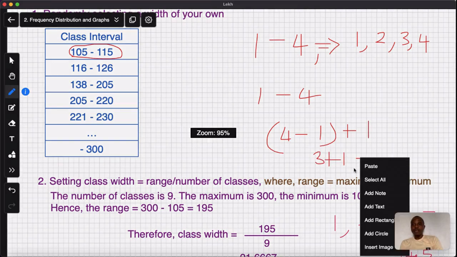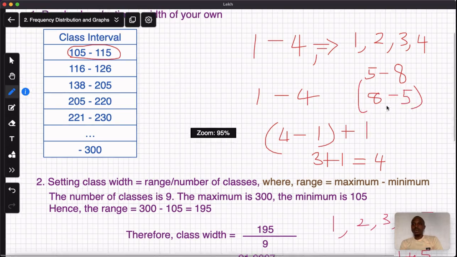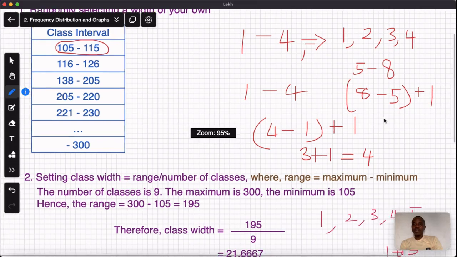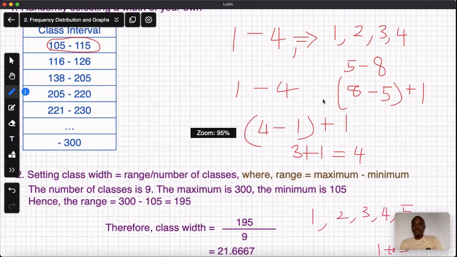If the numbers we're talking about were from, say, 5 to 8, then you'd have 8 minus 5, so upper class limit minus lower class limit plus 1. Permit me to change the marker color here so you can follow. 8 minus 5 would have been 3, plus 1, equal to 4 also.